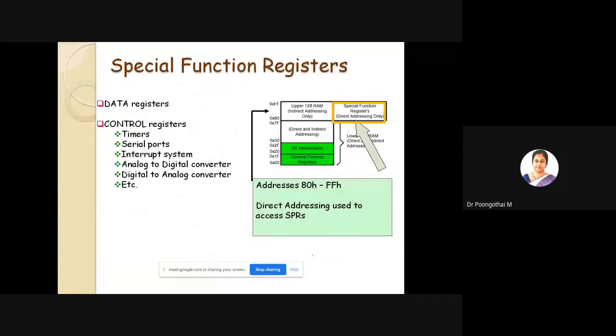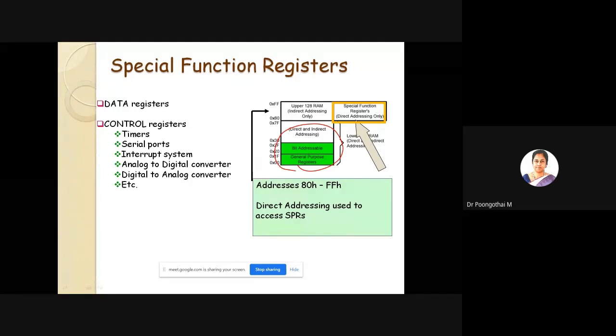Next one is the upper 128 bytes. The lower 128 bytes can be addressed directly or indirectly. We can access these contents either the direct way or the indirect way.